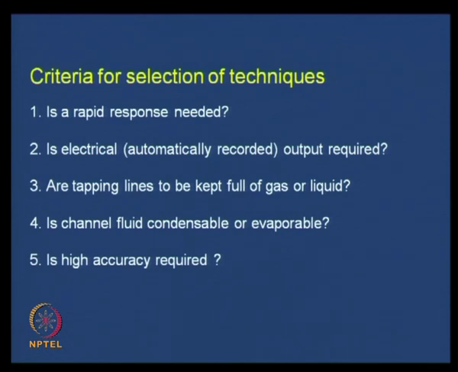And if we have gas filled lines, special cases, we can go for inclined manometers or micro manometers. Remember this, using manometers, if we need a high accuracy, then instead of liquid mercury manometers, we can go to liquid gas manometers for liquid filled lines. And in special cases where we use gas filled pressure lines, we can use inclined manometers or micro manometers.